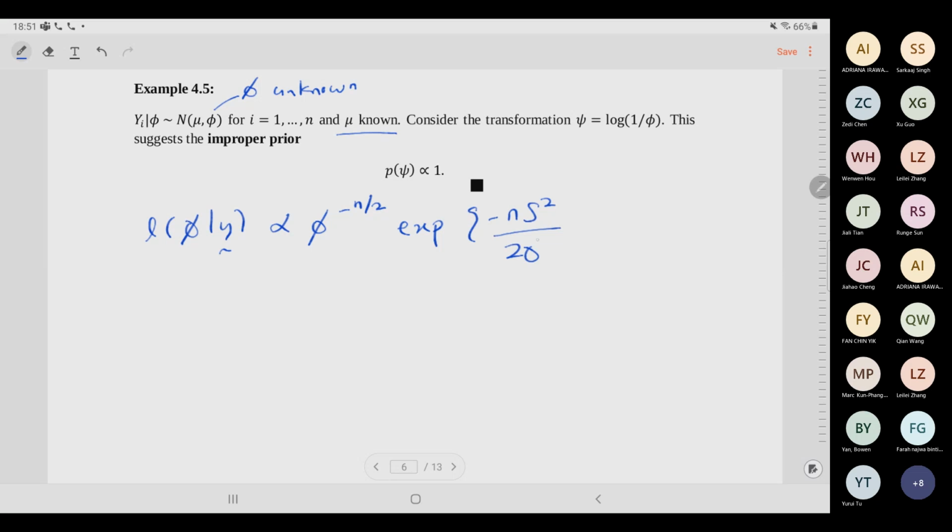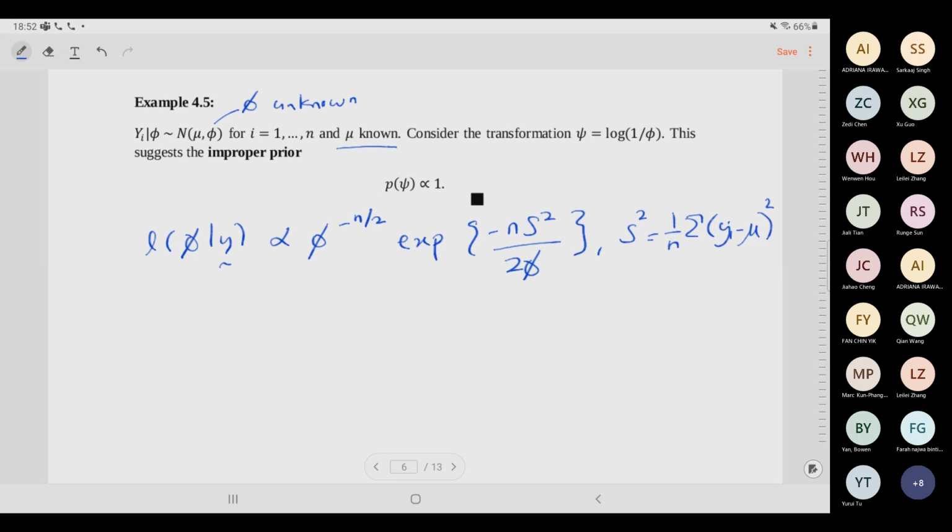Because now your S square is very long. The difference, it's still normal, but the kernel is now different, because now mu is a constant and phi is your random variable.